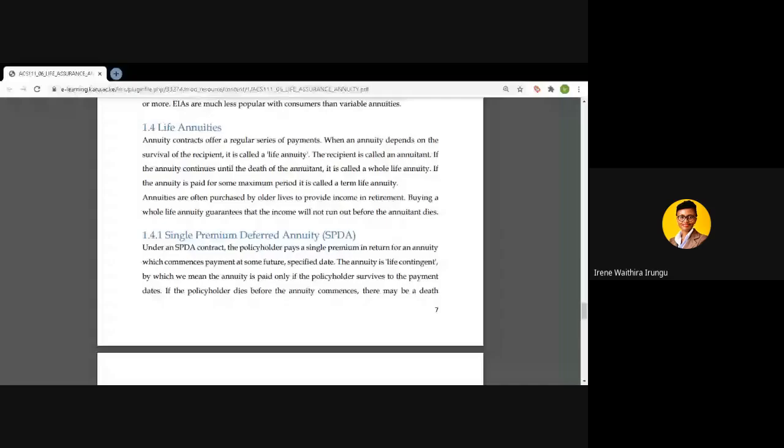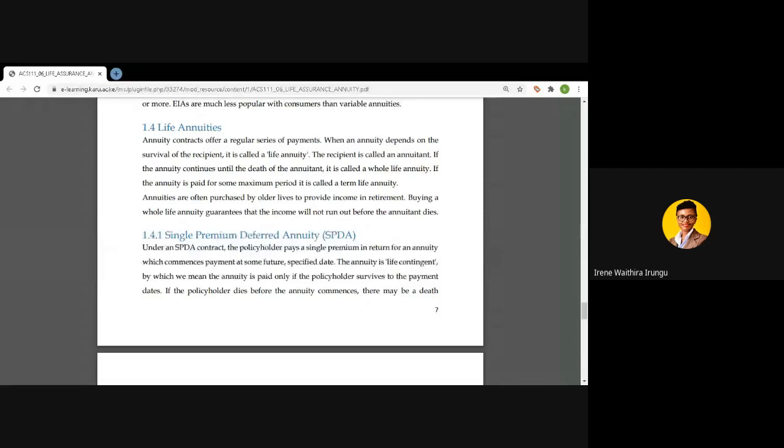So an annuity is payable to a life that is alive. A life annuity is a regular series of payments to an annuitant as long as they continue to be alive.